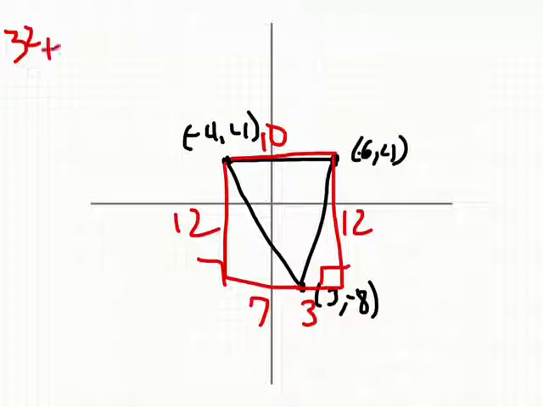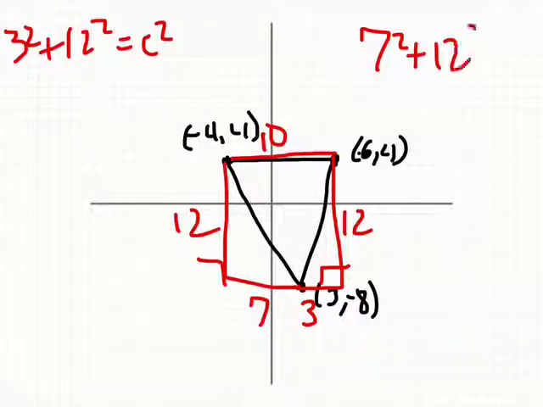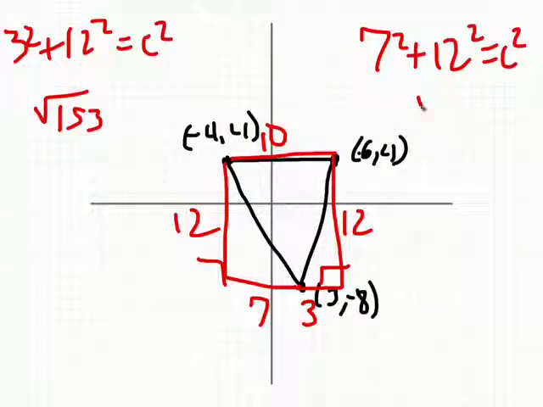So I do 3 squared plus 12 squared equals c squared, and then 7 squared plus 12 squared equals c squared. Kind of have these backwards. Again, do the work here, square them, then sum them. Radical 153, radical 193 is what I got.